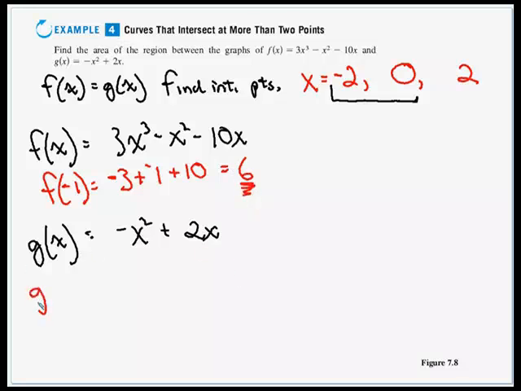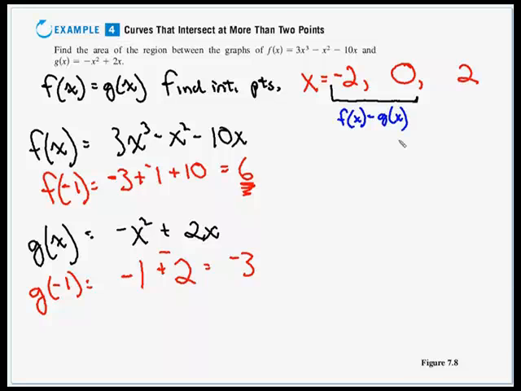If we find g of negative 1, that'll be negative 1 squared is positive 1, and this negative makes it a negative 1. Plus 2 times negative 1 is negative 2. And if we find the value of that, we get negative 3. So for this interval, we know that f of x is on top. So for this interval, it's going to be f of x minus g of x.